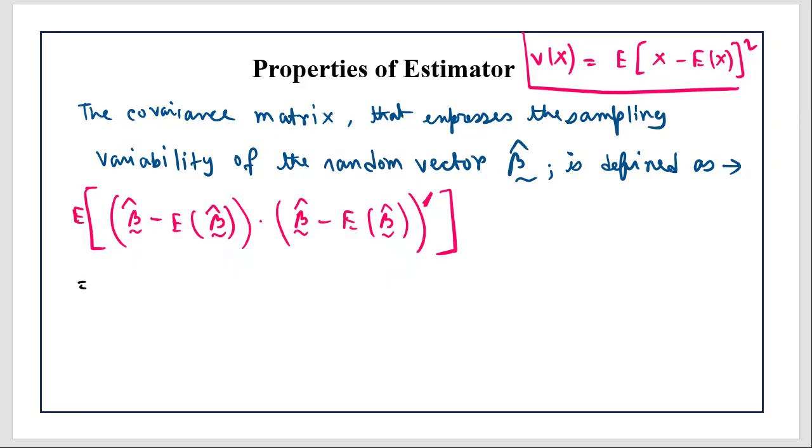Now see how will we handle this thing. What will be the expression for beta curl cap? Remember that as of now, we only know the distribution of U curl, the error term or the error vector.